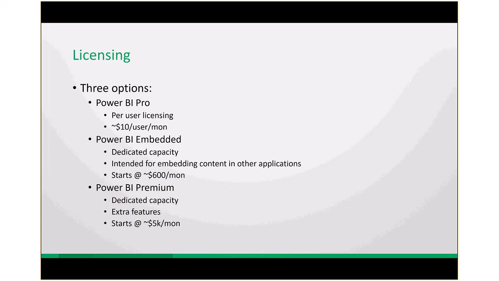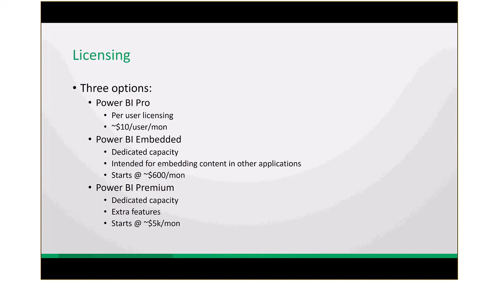The two others are the dedicated capacity. I'm going to skip down to Power BI Premium and talk about it first. With Premium, you've got essentially your own dedicated server, if you want to think of it that way, just for your organization. So at that point, there's no need for per user licenses. You can share with anybody via these premium workspaces, which is how you assign that capacity.